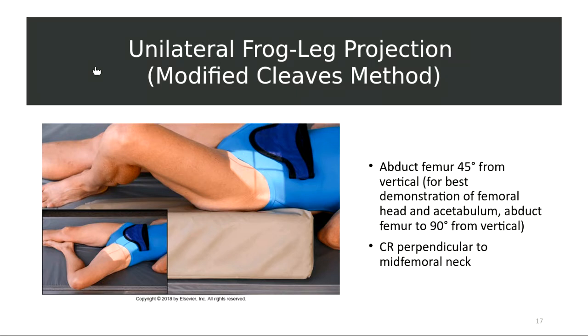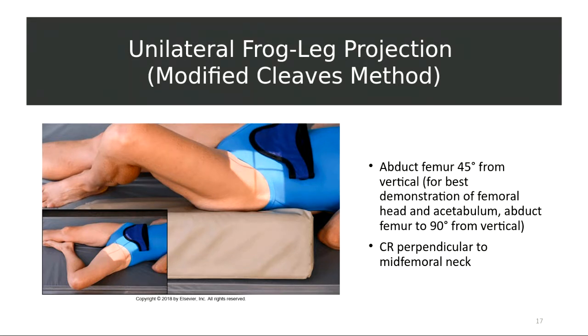When she bends her leg and it creases right here, you tend to go right in the center of the crease, both center from this way and center this way. That tends to put you right about the femoral neck.